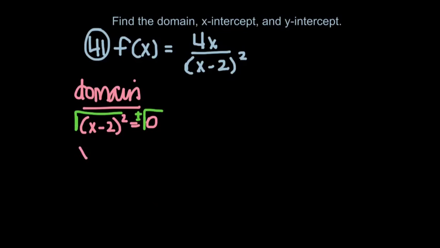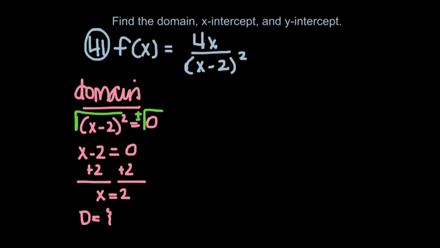So this leaves me with the quantity x minus 2 equals the square root of 0, which is still just 0. Add my 2 to both sides and find that x equals 2. So the value 2 would put a 0 in the denominator of the fraction, which means that my domain is the set of all x such that x is not equal to 2.